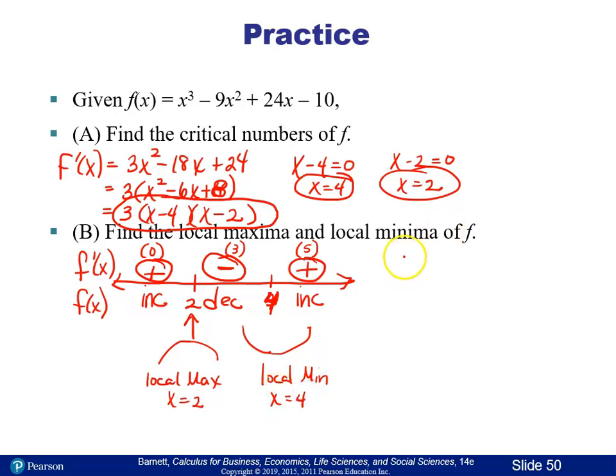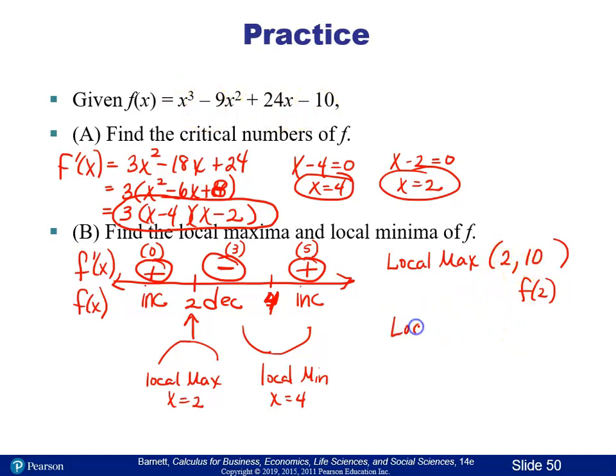Okay, so our local max is going to be 2, and then I'm going to plug 2 into the original function to get the coordinates of the point. And so that looks like, you can double check this, but if I plug 2 in here, it's going to give me 10.